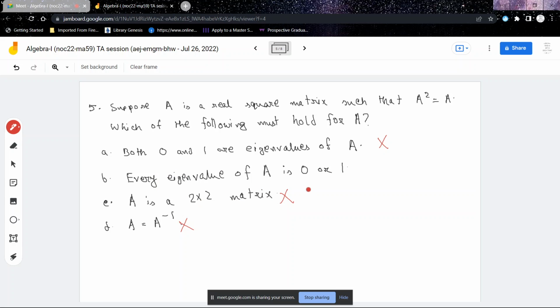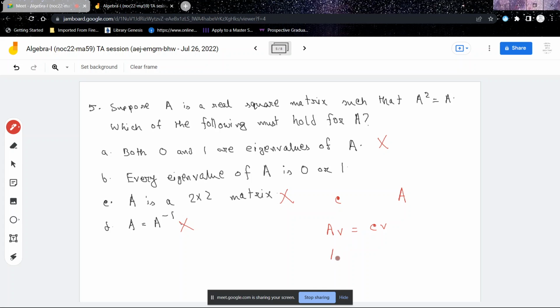It's very probable that this is the correct answer, and indeed it is. Let's assume that c is an eigenvalue of your matrix A. Then there is an eigenvector v, non-zero, such that Av equals cv.